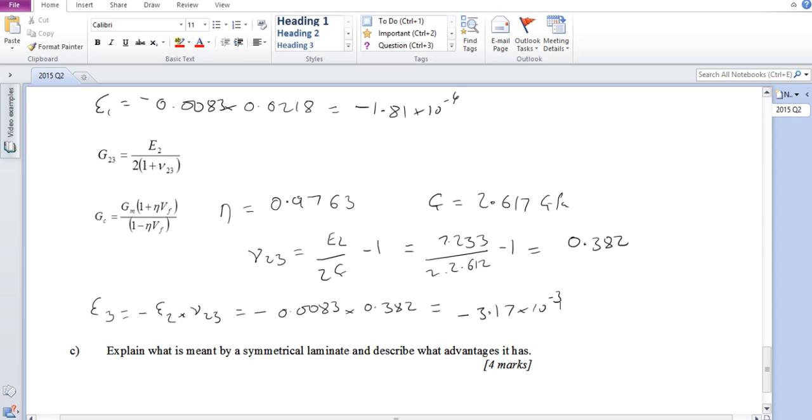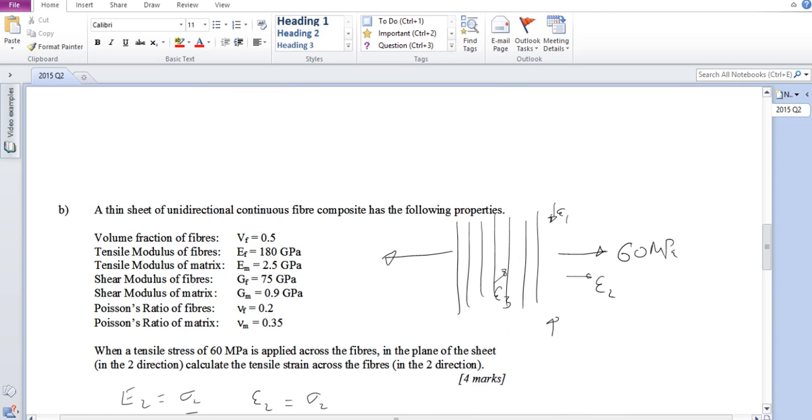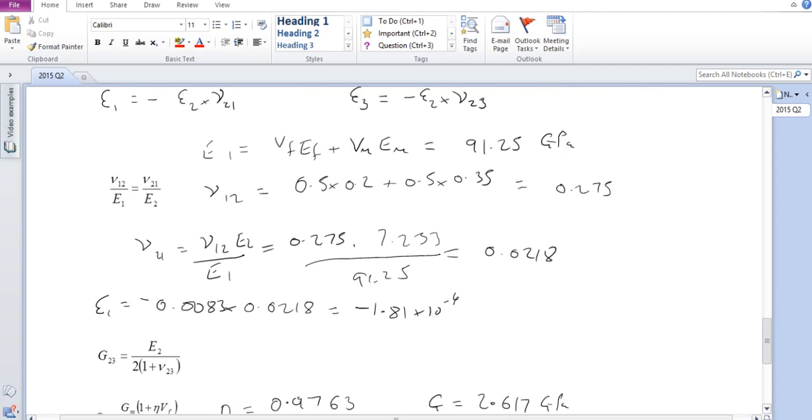So the fact that these two are negative, that's kind of explained because in our original thing, what we're doing here is we're applying a stress in the crossways direction, which will stretch the material that way. To compensate that, we'll shrink a little bit in the 1 direction and shrink quite a bit more in the 3 direction. So values all seem quite sensible.